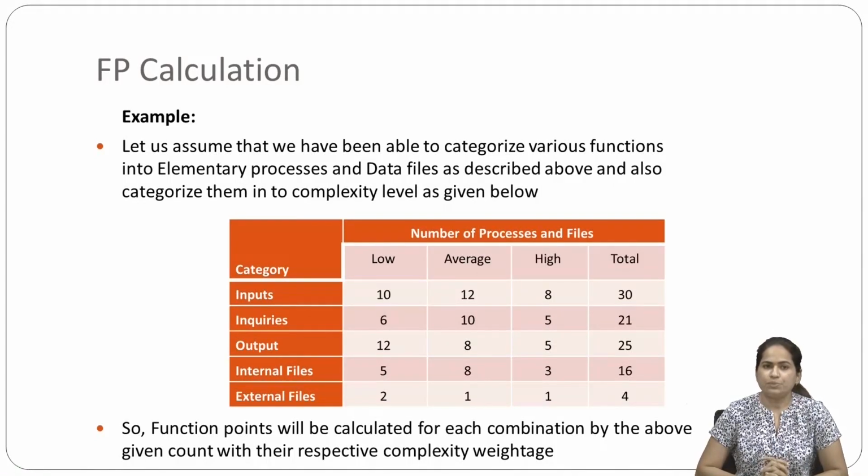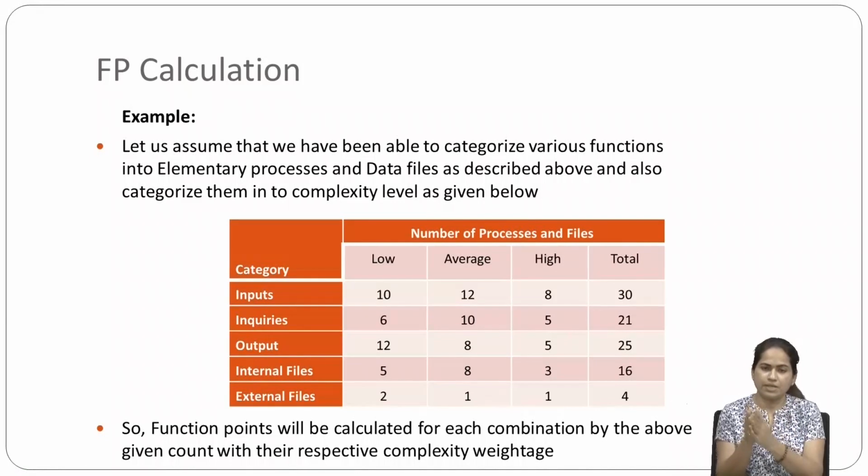Now let us assume that we have been able to categorize various functions into elementary processes and data files as described here, and also categorize them into complexity levels according to this table. So here you can see inputs, inquiries, output, internal files, external files.